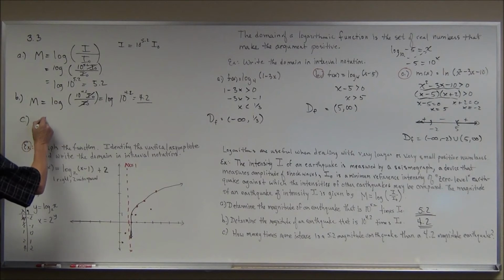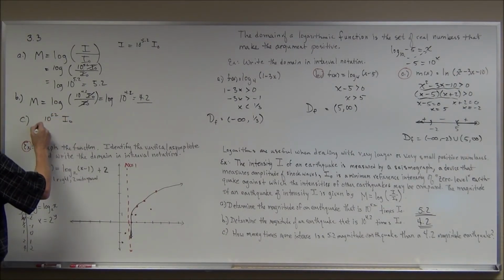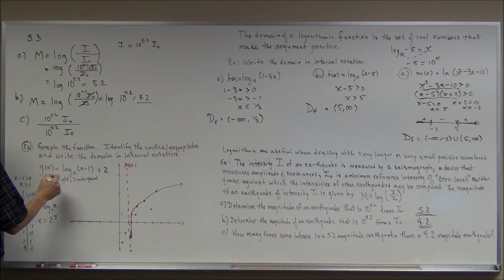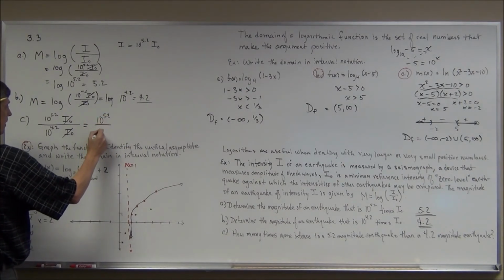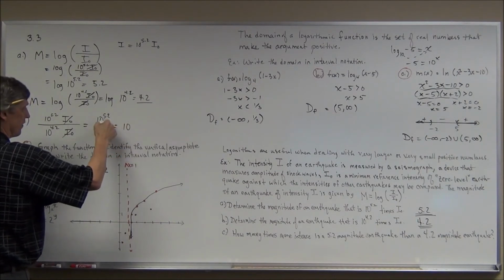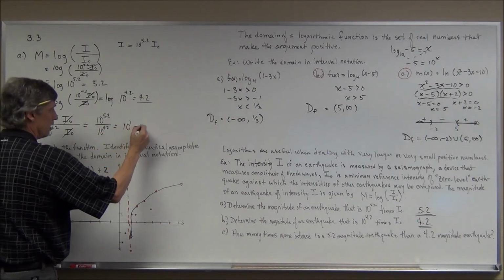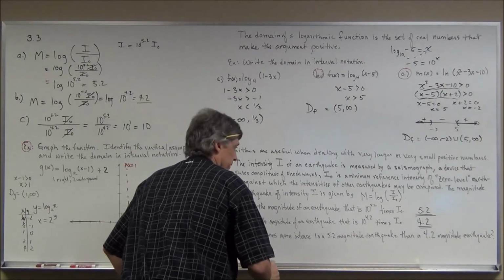So I'm going to take 10 to the 5.2 I sub 0, and I'm going to divide it by 10 to the 4.2 I sub 0. So this is 10 to the 5.2 divided by 10 to the 4.2. Property of exponents, this is 10 to the 5.2 minus 4.2, or 10 to the 1, or 10. So this is 10 times more powerful. Here, I'll put it down here.